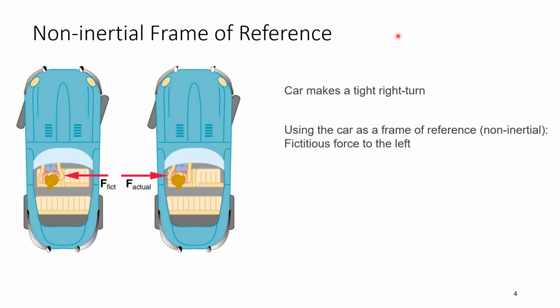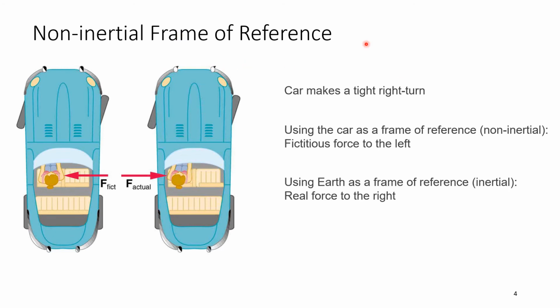In the Earth frame of reference, the driver moves in a straight line, obeying Newton's first law, and the car moves to the right. There is no real force to the left on the driver relative to Earth.